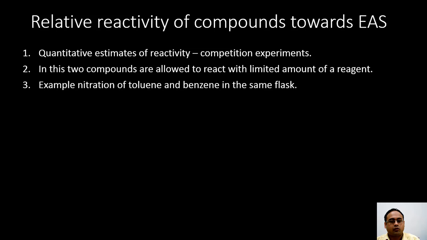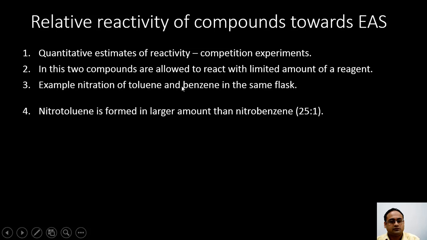This will lead to a competition between toluene and benzene for the nitrating reagent, and you find that nitrotoluene, which is formed from the nitration of toluene, is formed in larger amount than nitrobenzene, which is formed from the nitration of benzene. And the product ratio is 25:1.